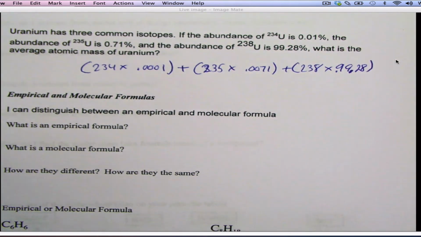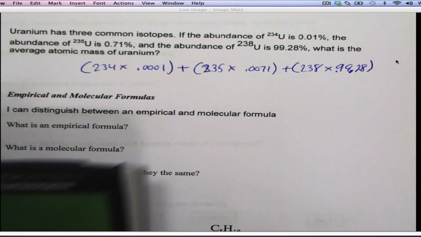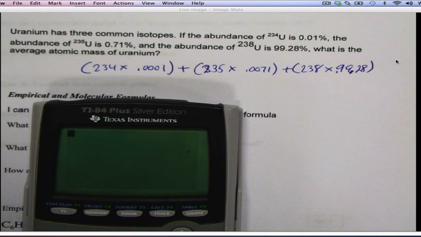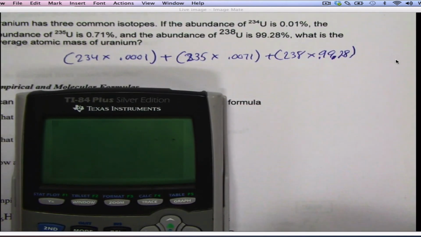Then we just plug in our calculator, and that is our average atomic mass. So this one we should be able to show you a little bit better, because it's not so long.